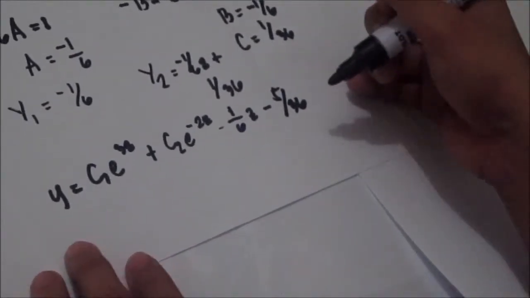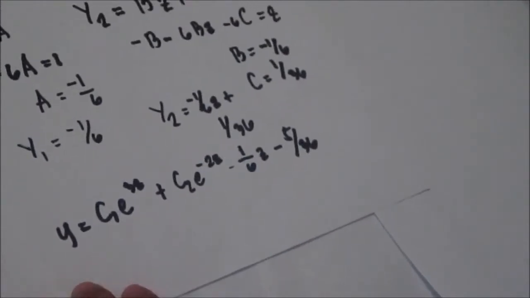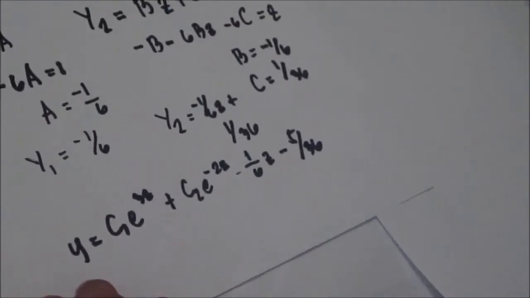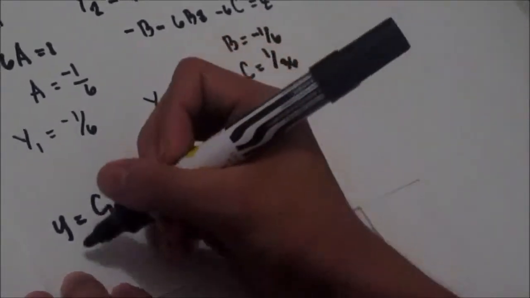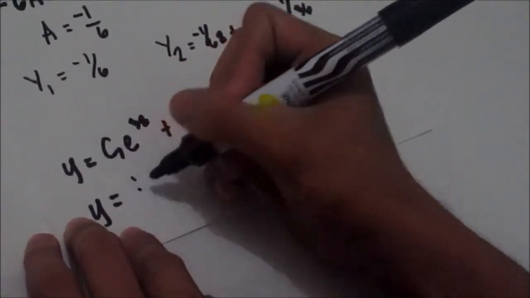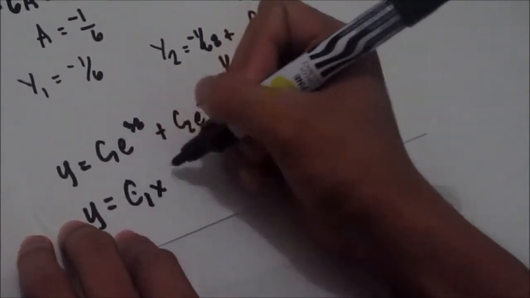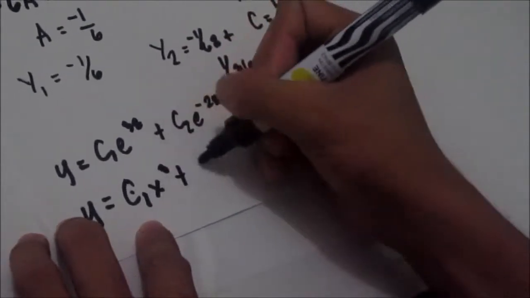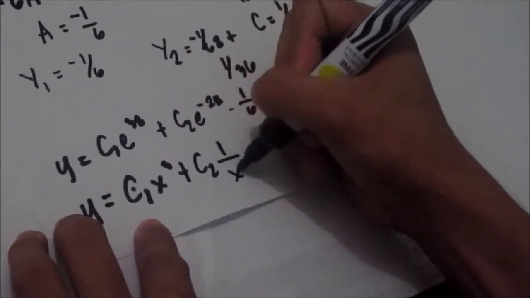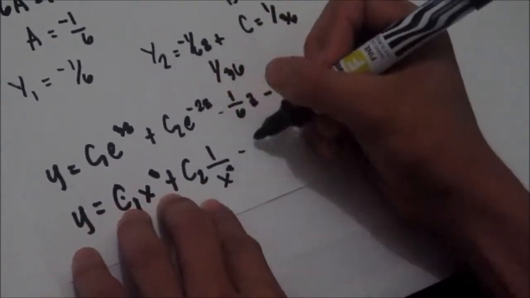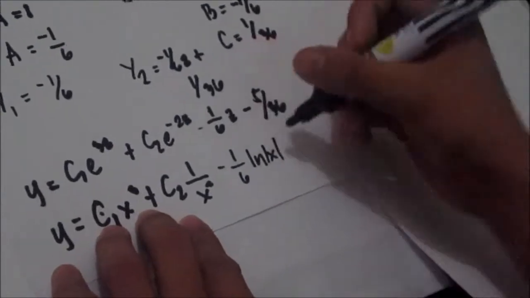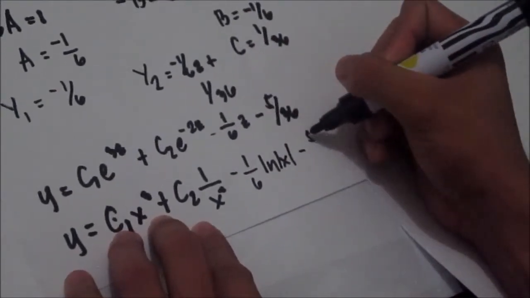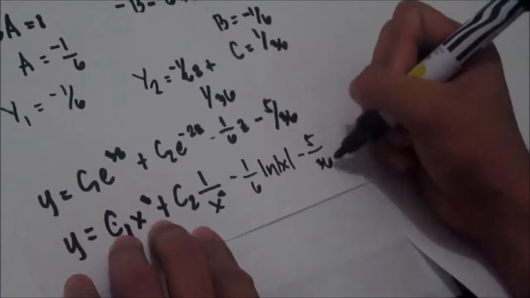But since the variable of this equation is still not in the original variable x, we will still need to convert this and get y is equal to c1 x cubed plus c2 1/x squared minus 1/6 ln of x minus 5/36.